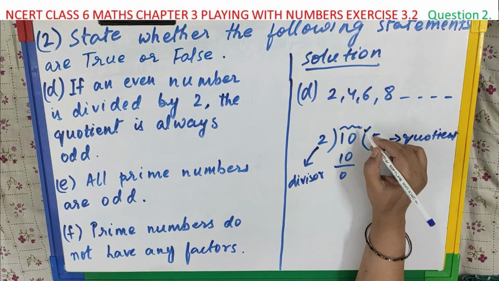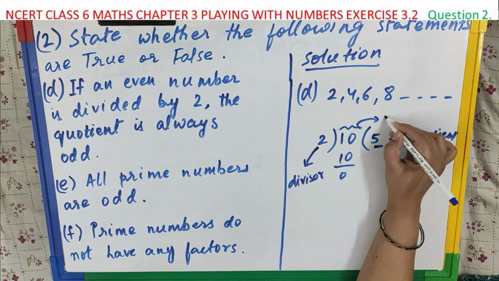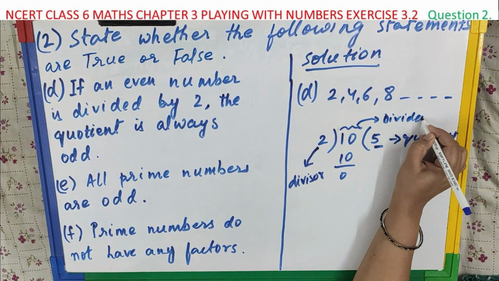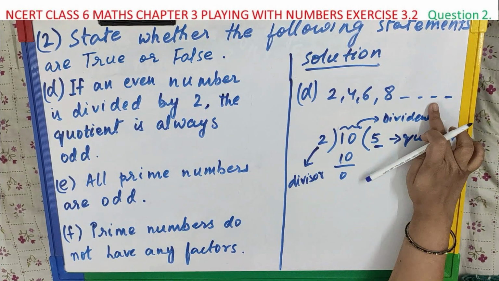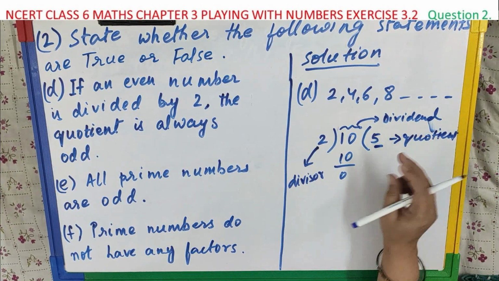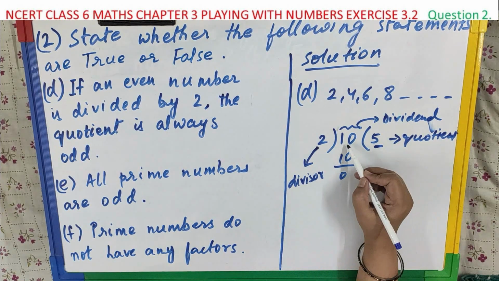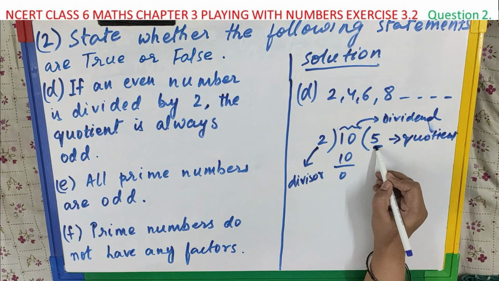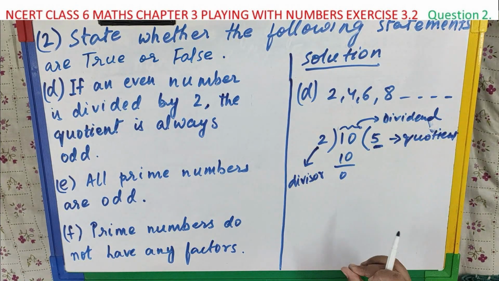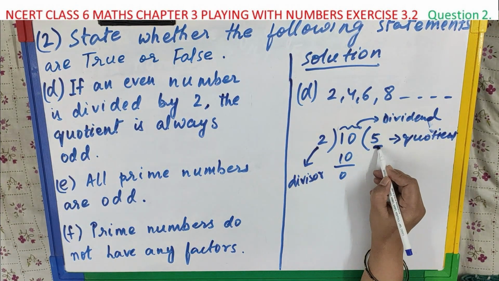This 10 is known as dividend. So 2 is the divisor. The number which is being divided is dividend, and this 5 is quotient. Okay, so what is quotient? Quotient is an odd number.